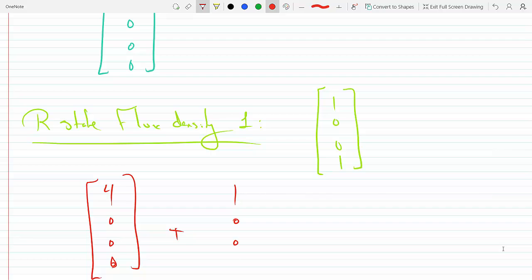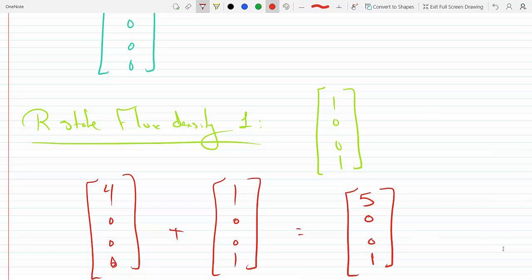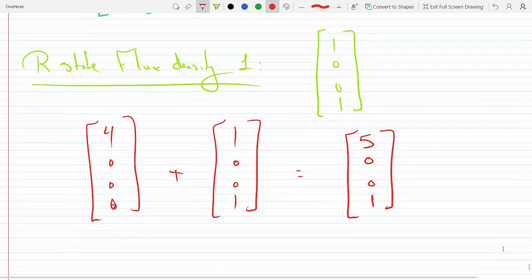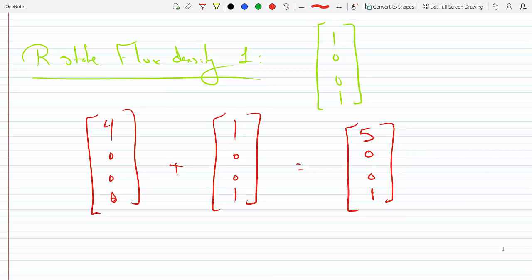And now if we add these two per the instructions of the question, 4, 0, 0, 0 plus 1, 0, 0, 1, adding matrices is simple and straightforward. We add each cell with its neighbor, so 4 plus 1 is 5, 0, 0, 1. So S0 will be 5, S1 will be 0, S2 will be 0, and S3 will be 1.